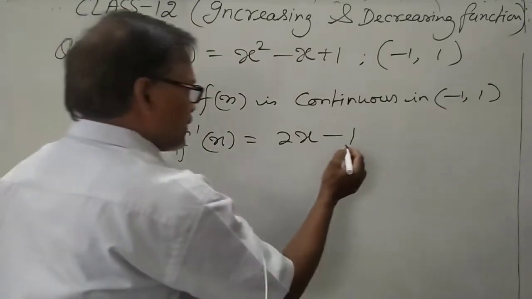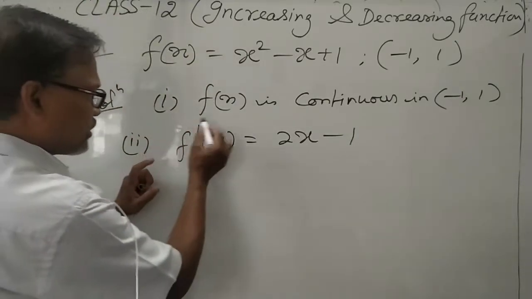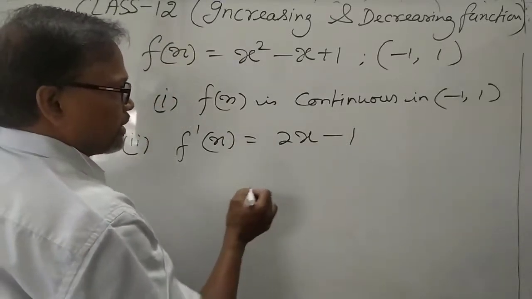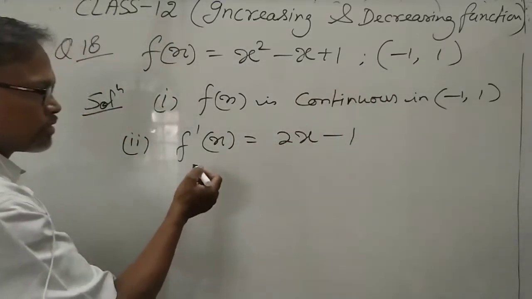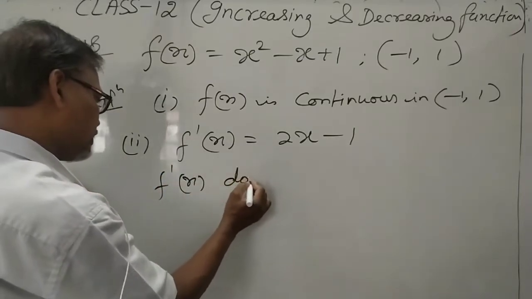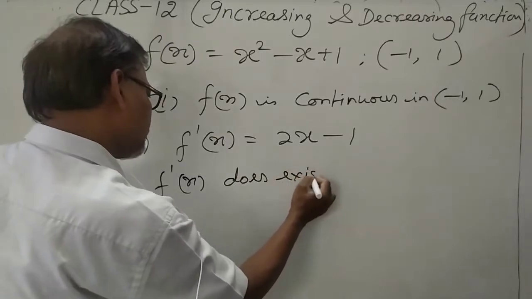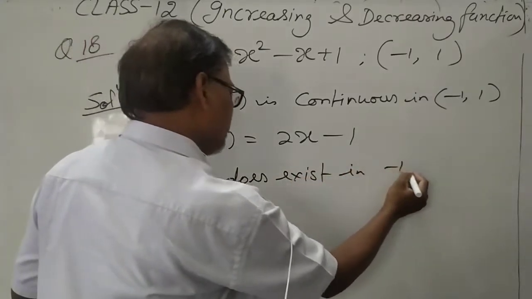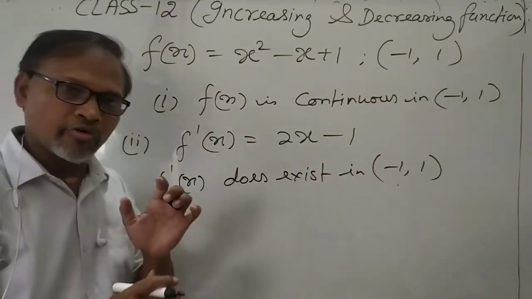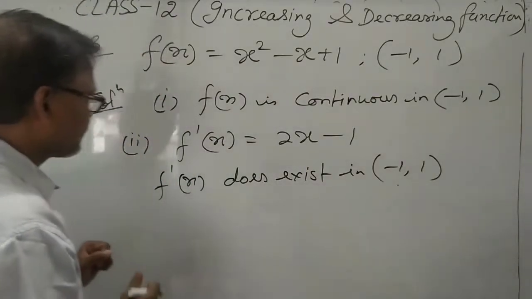Then what will you say about this f dash x, whether it exists or not? Yes, it exists in minus 1 to 1 because this is also a polynomial. Also f dash x does exist in minus 1 to 1, meaning we will not get infinity.